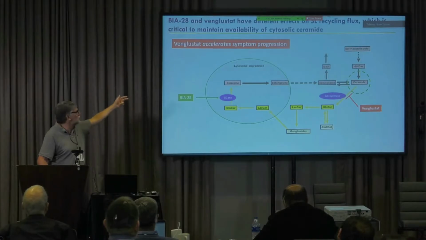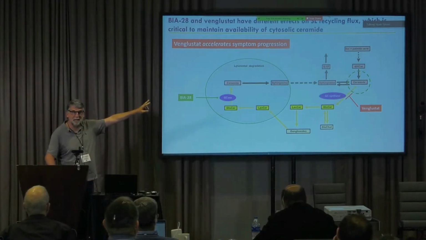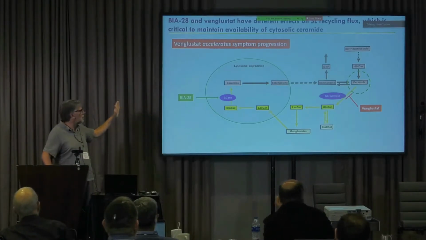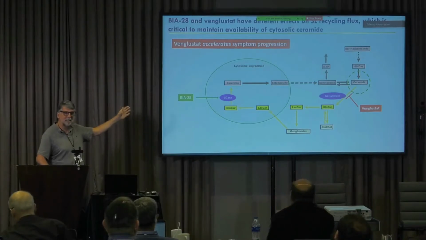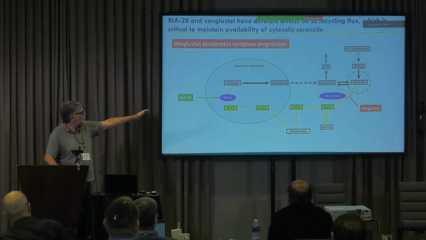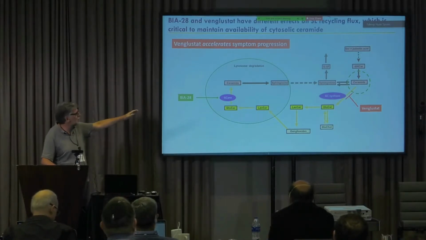All the sugars are removed down to ceramide, then sphingosine. Then you take it back out to ceramide in the cytosol. Now you build it back up, right? And so the enzyme that we're attacking is a lysosomal enzyme, which is the one that's deficient in the disease. The enzyme that Sanofi was attacking is a cytosolic, or maybe an ER enzyme, that is not deficient in the disease. In fact, there's no genetics around it whatsoever.